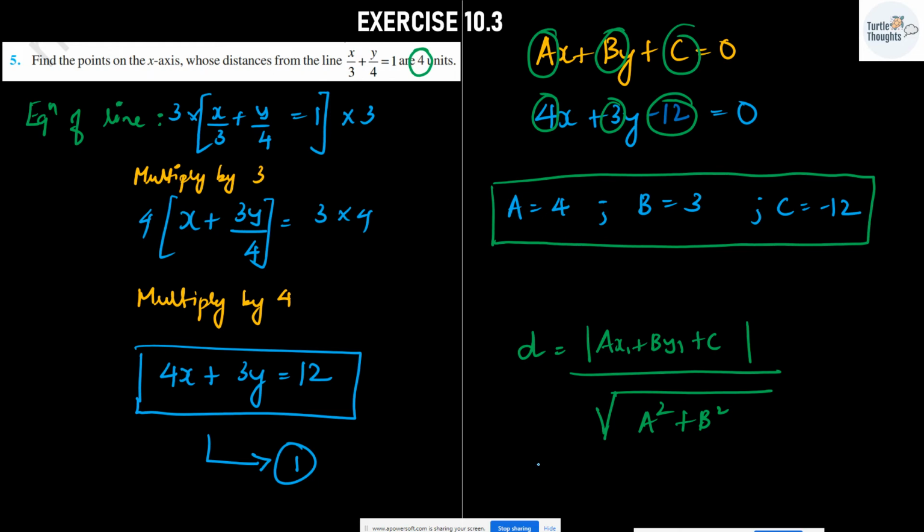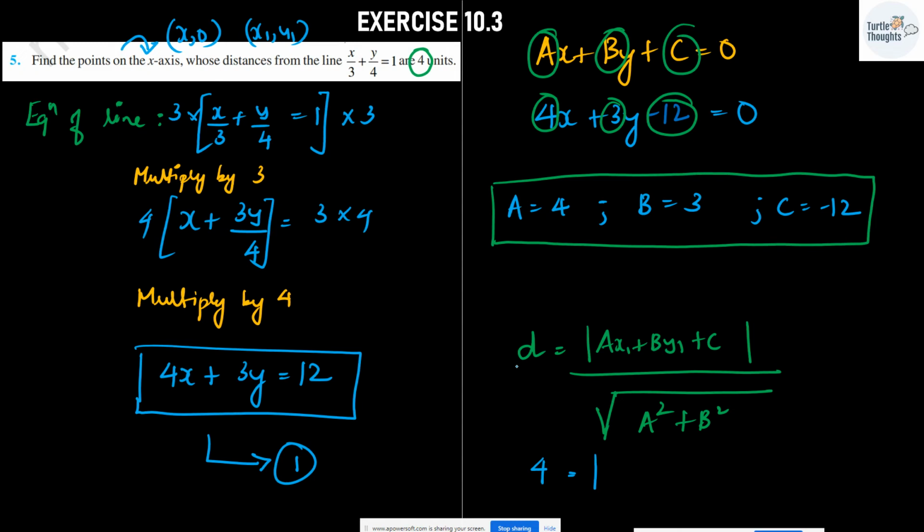So I can substitute 4 here. What is going to be your x1 and y1? Find the point on the x-axis. So any point on the x-axis can be considered as x comma 0. So x1 and y1 can be taken as x and 0.